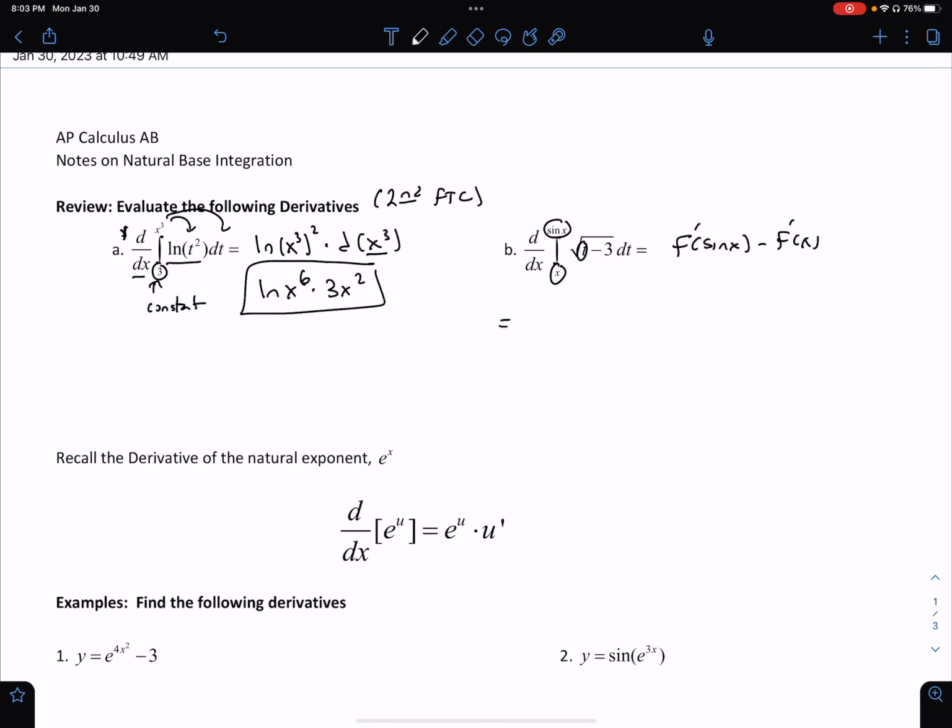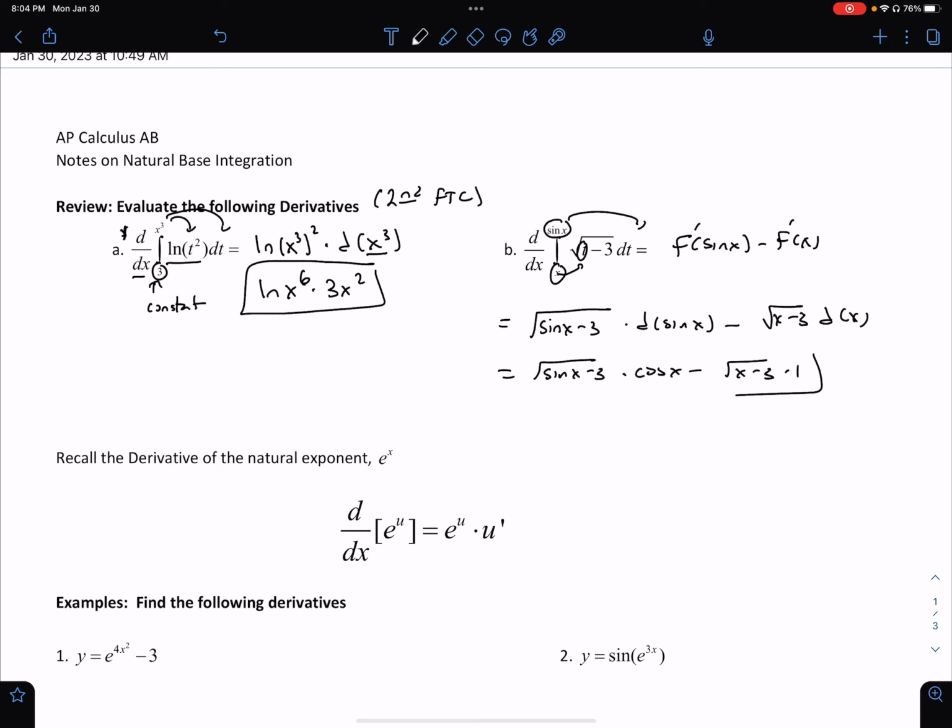So what we're going to get is the square root of sine of x minus 3 times the derivative of sine of x, that's our chain rule, minus the square root of x minus 3, now replaced with my x, times the derivative of x. So here we get the square root of sine of x minus 3 times cosine of x minus the square root of x minus 3 times just 1. And there's our derivative right there.